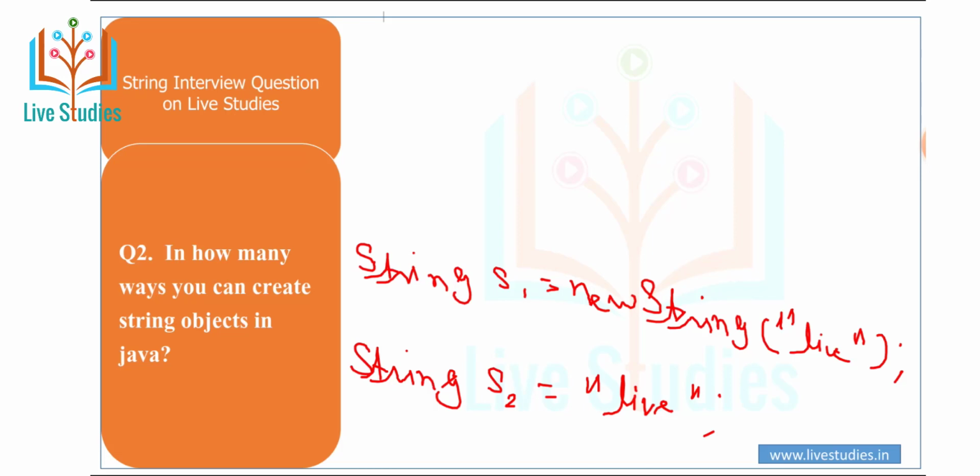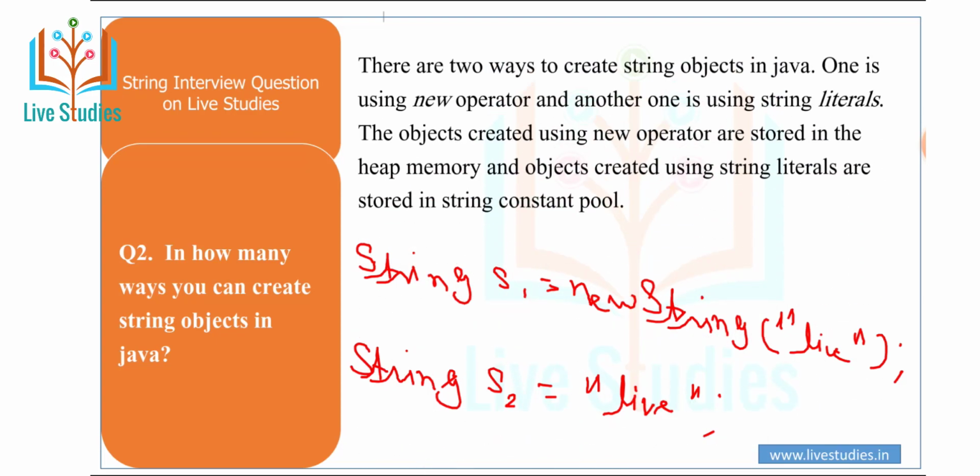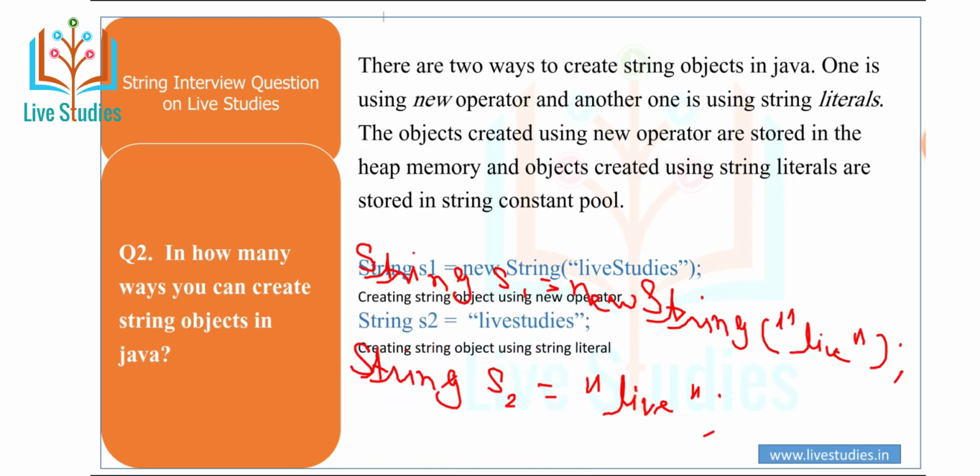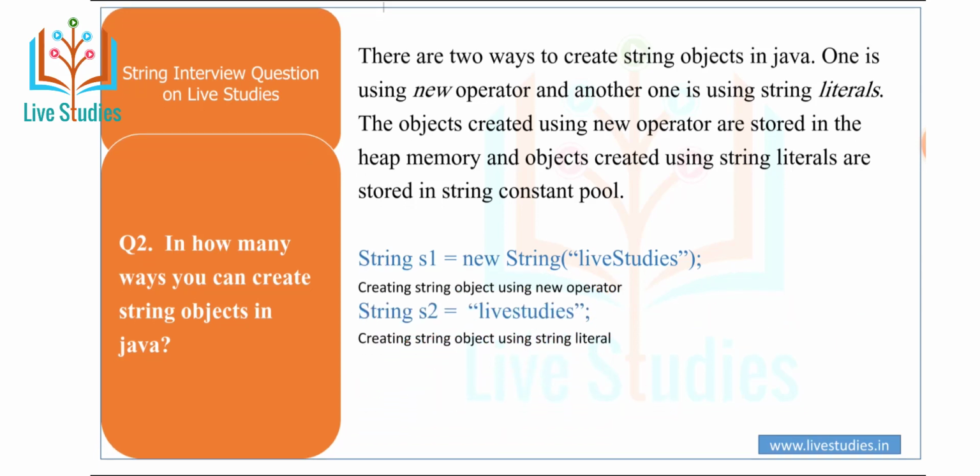The other one is String s2 = "live", which is creating a String object using the literal. Okay, I'm done. Let's move to the next question.